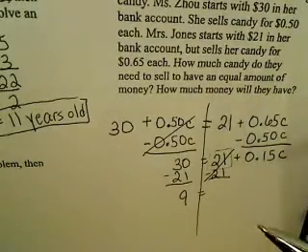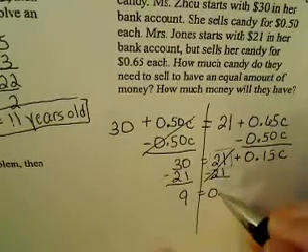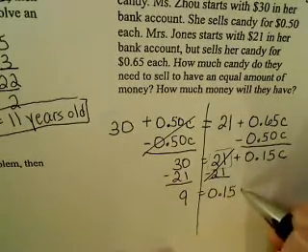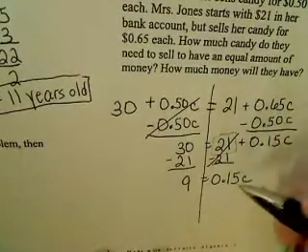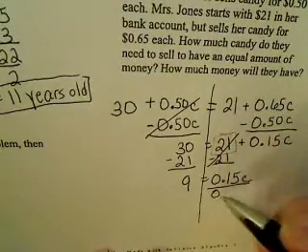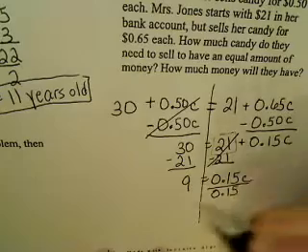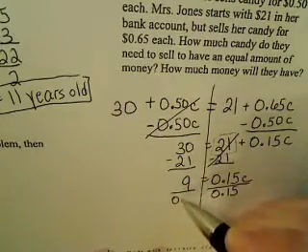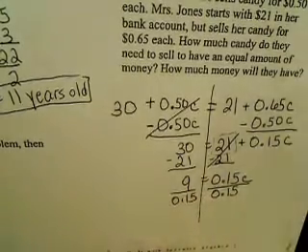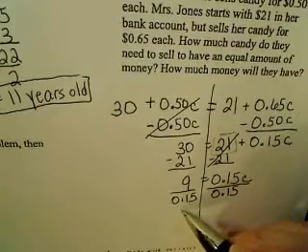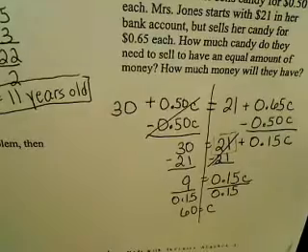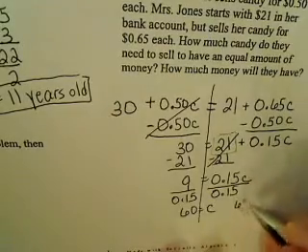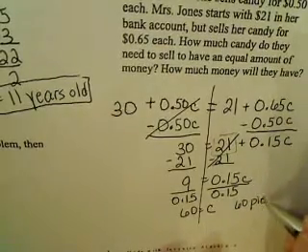So over here I have 0.15 C. Now I'm going to do the inverse of multiplication, which is to divide both sides by 15 cents. And when I do that, I get 60 equals C. So basically 60 pieces of candy.